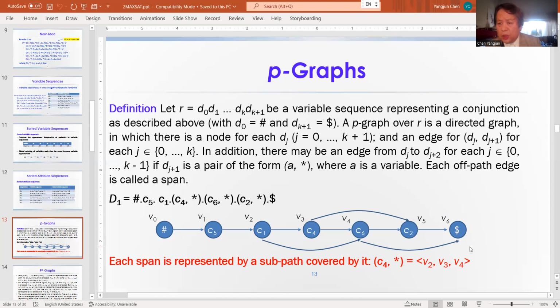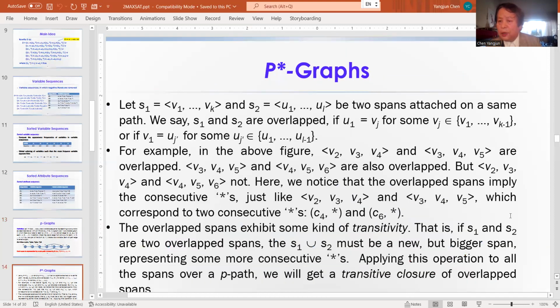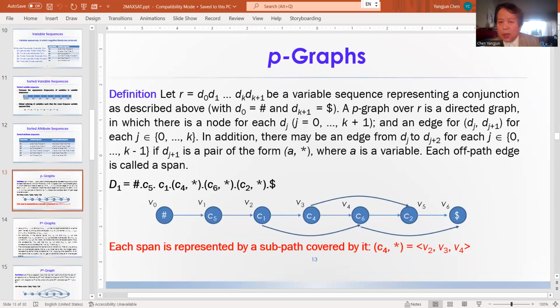For each P-graph, we can define another graph, the so-called P-star graph. For defining this graph structure, special attention should be paid to the overlapped spines.